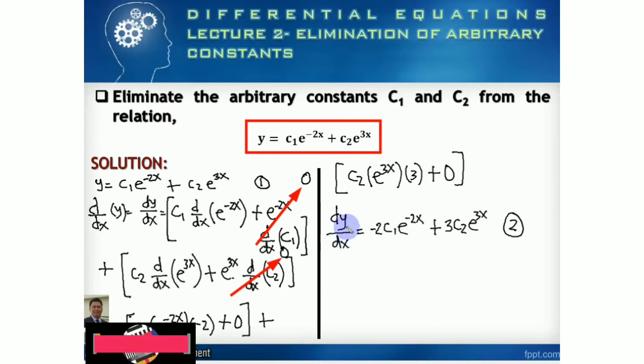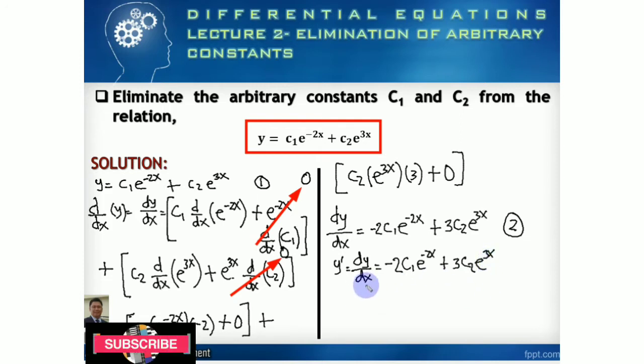And this is just equivalent now to our y prime is equal now to dy over dx, which is equal now to negative 2c1 times e raised to the power of negative 2x plus 3c2 times e raised to the power of 3x.